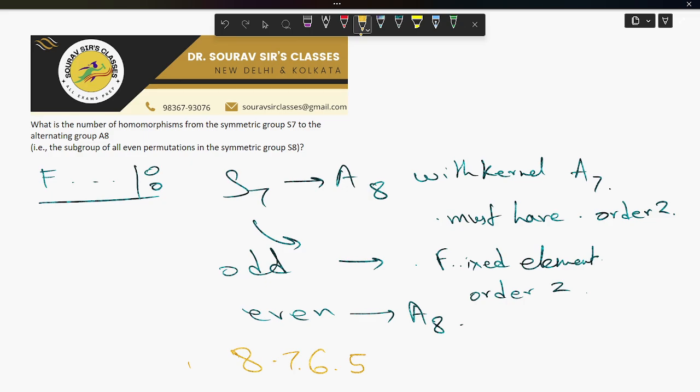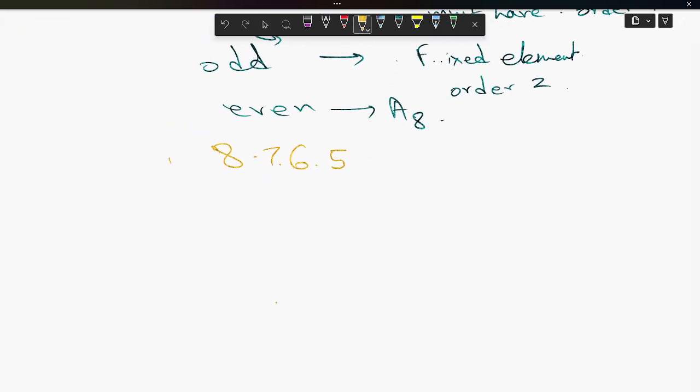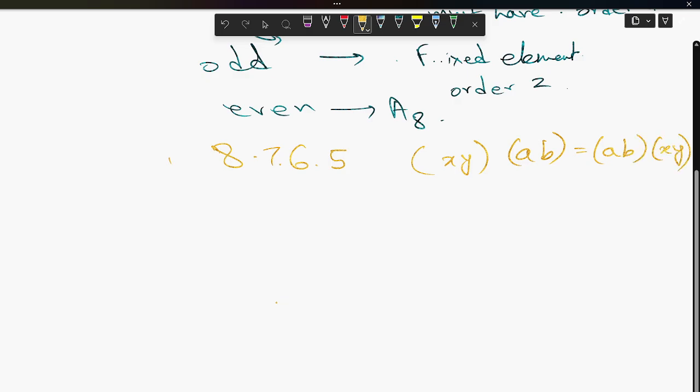Because the cycles are disjoint, recognizing that xy AB equals AB xy, and xy equals yx, we must divide by 2 into 2 squared. Dividing by 2 into 2 squared, the 8 will be cancelled out.